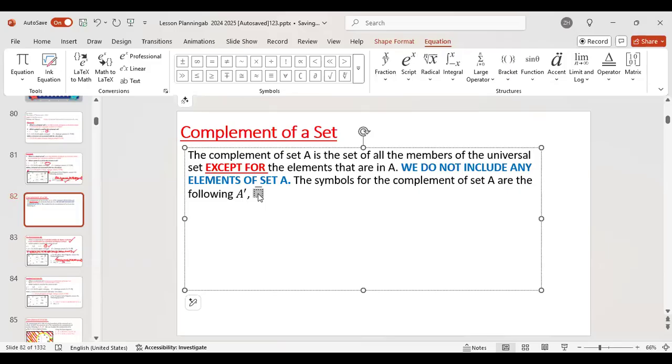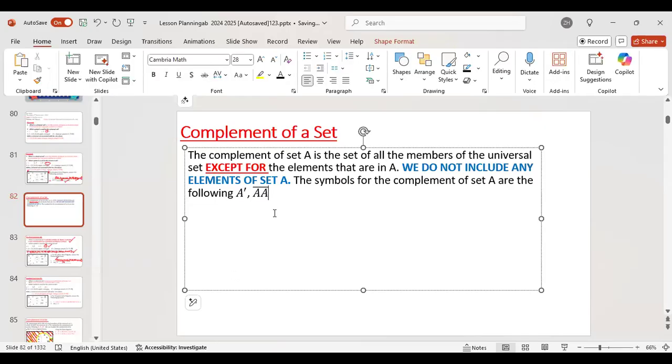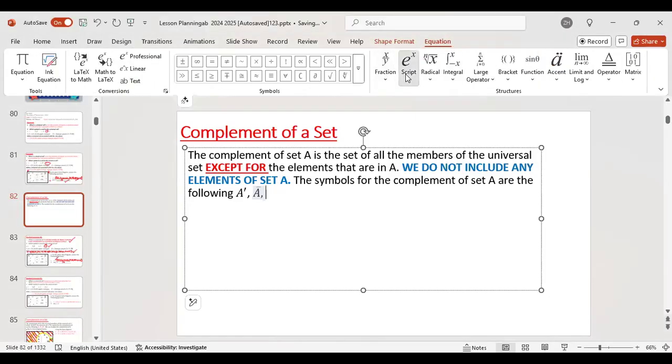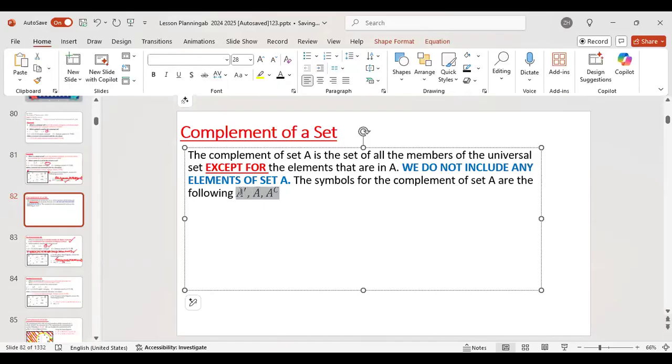And then another way is we could say A with a C. So those are the ways we could write the complement of A.